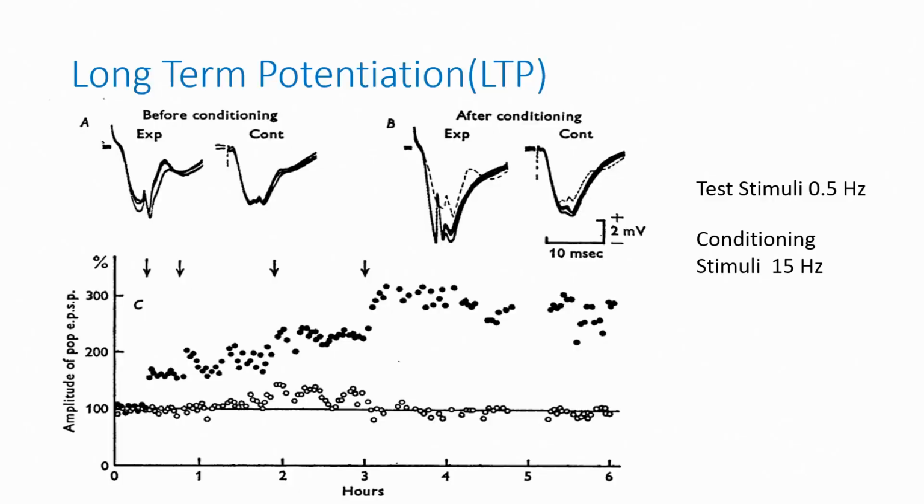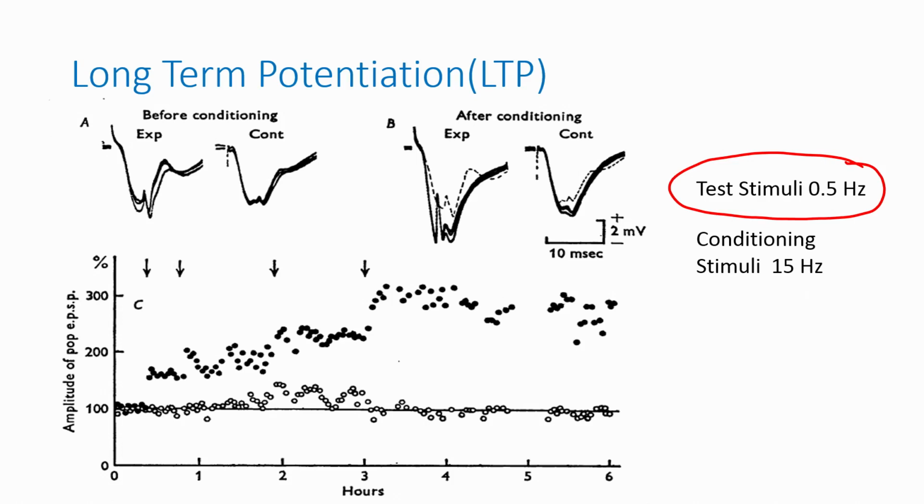So having implanted these recording electrodes and the stimulating electrodes, what they did was to send in a test stimulus here. A test stimulus is a 0.5 hertz stimulus, that is a small stimulus that is sent once every 0.5 seconds, every 500 milliseconds, and then they are measuring the response at the recording electrode.